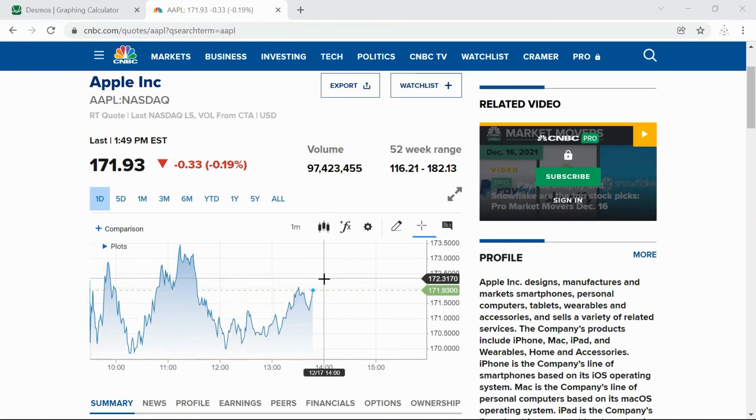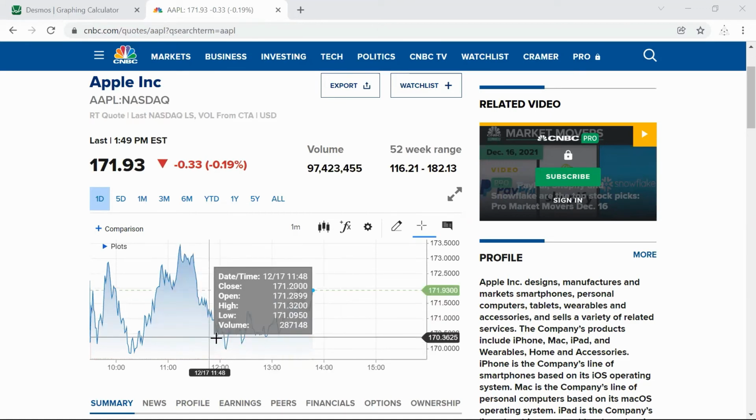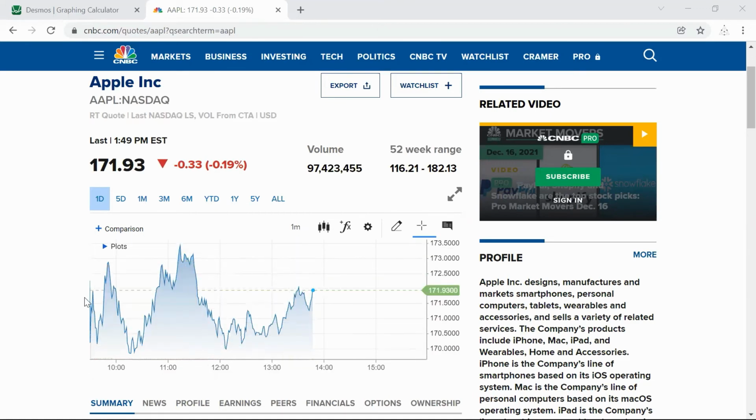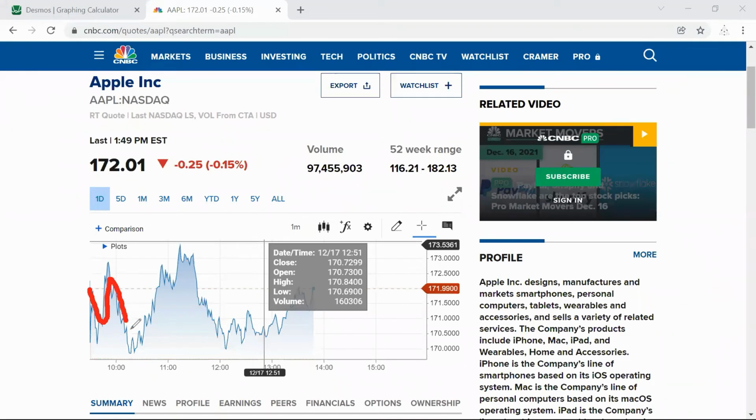Or maybe you start trying to smooth out this curve and you say, well, my curve kind of looks like this. If I drew a smooth curve on this, I don't know, maybe that looks a little concave down there. So maybe at the end it looks concave down, and so I should sell.